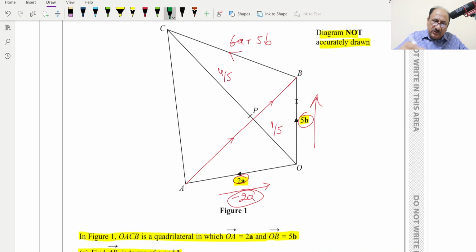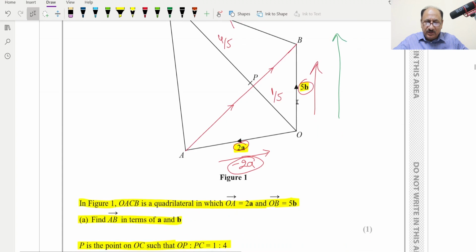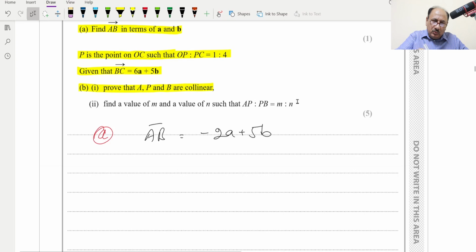We can take this route for OC, which is OB to BC. So we can write OC is equal to OB plus BC.